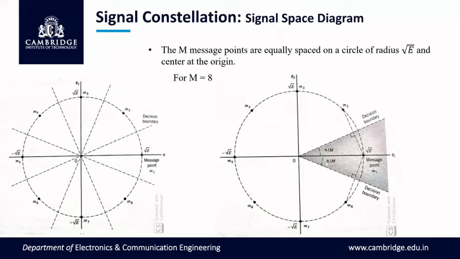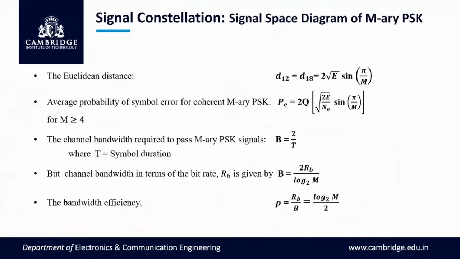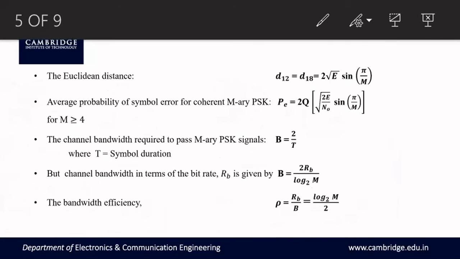Since the system is two-dimensional, we have two basis functions and we have two perpendicular axes: one for cos 2 pi fct, another for sin 2 pi fct. The horizontal axis is denoted as phi 1, the vertical axis is denoted as phi 2.